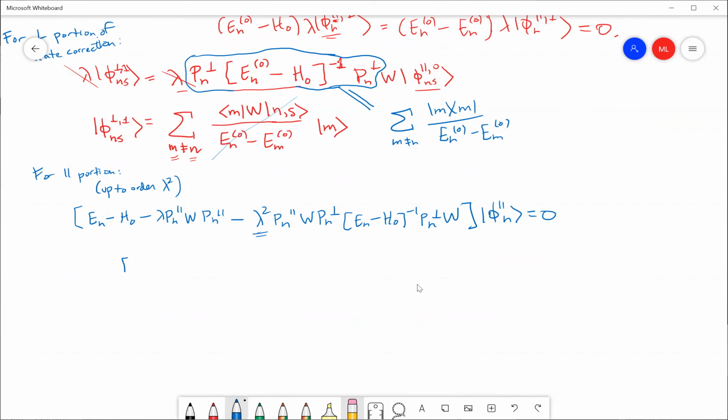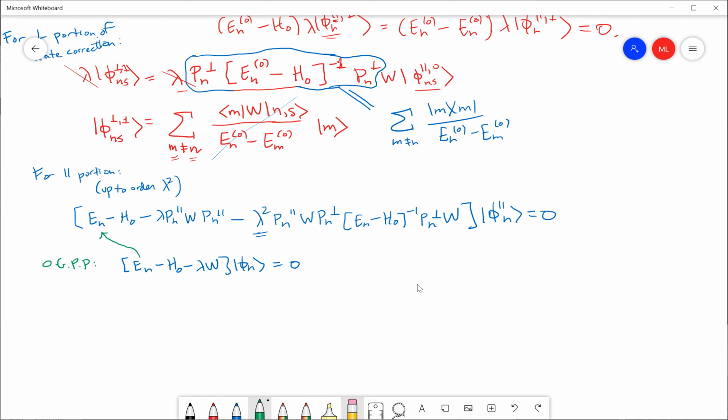Remember, the original eigenvalue perturbation problem would just be like this. This is the original perturbation problem, an OG perturbation problem. But you see, this equation looks just like that. This is the eigenvalue we want.